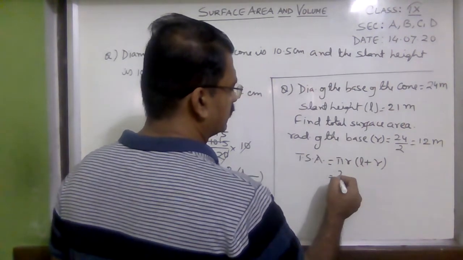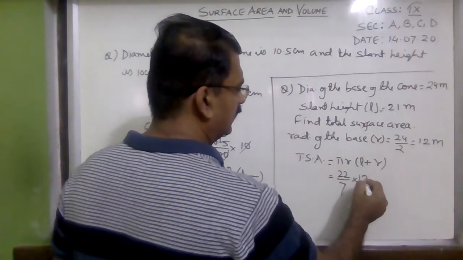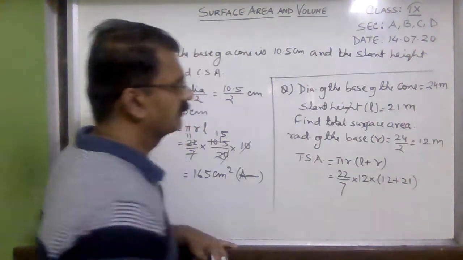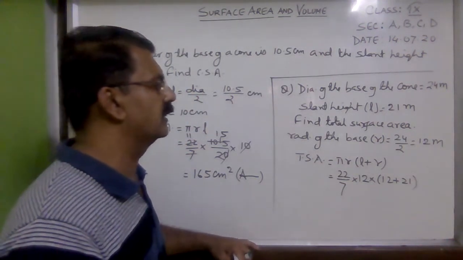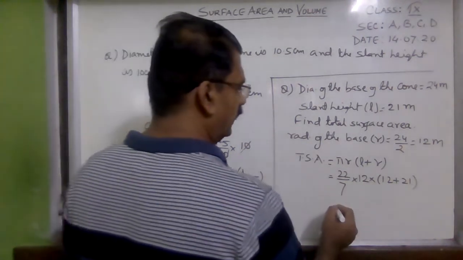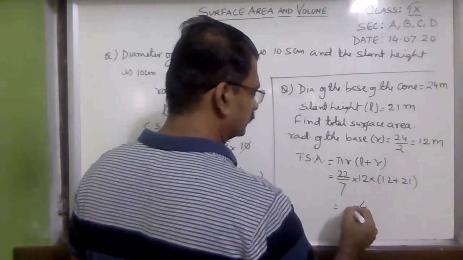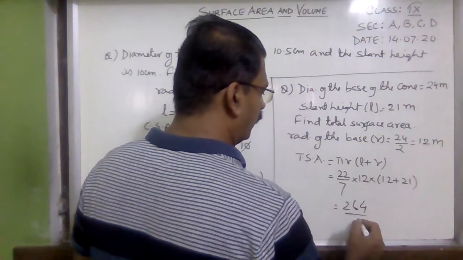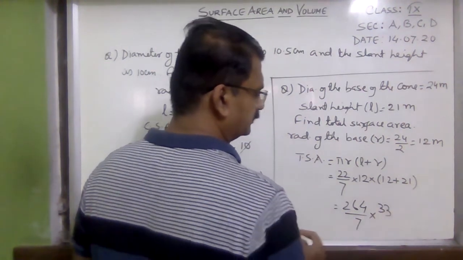Okay, that means 22 by 7 into R is 12 and within brackets 12 plus 21. 12 meters the radius and slant height is 21. So it is 264 upon 7 into 33.